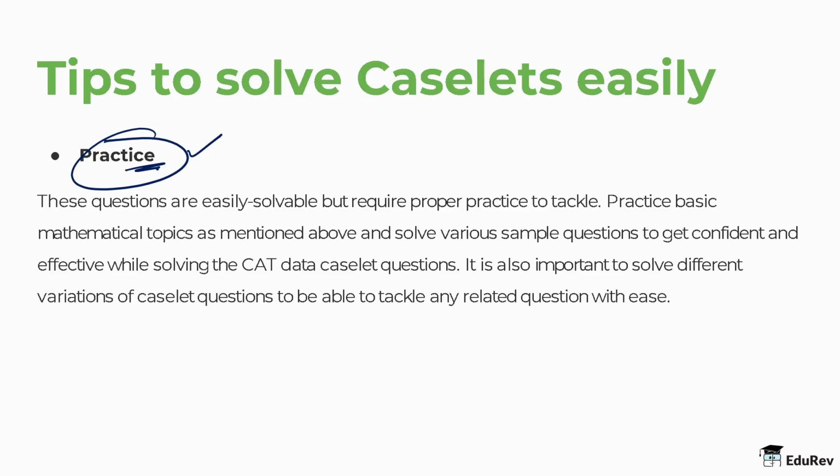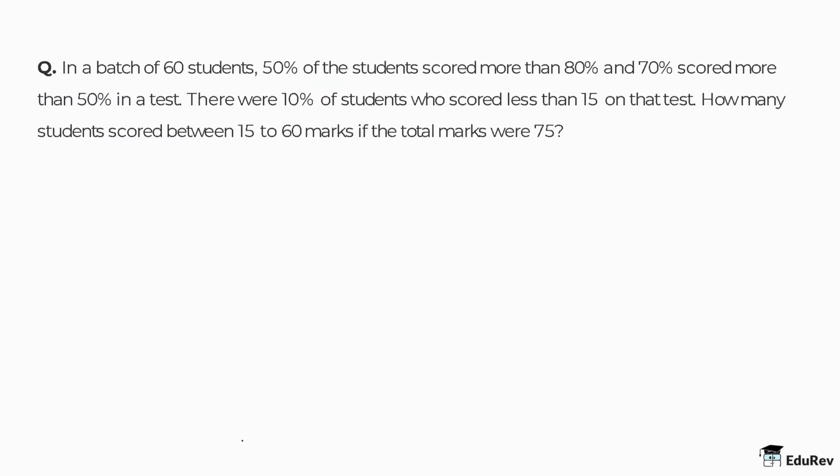So now, as we know what caselets are and what the tips to solve caselet questions in CAT are, let's solve our first caselet. Let's read this question now. It says that in a batch of 60 students, 50% of the students scored more than 80% and 70% scored more than 50% in a test. So basically it's saying that there was a batch of students and the total number of students in that batch was 60.